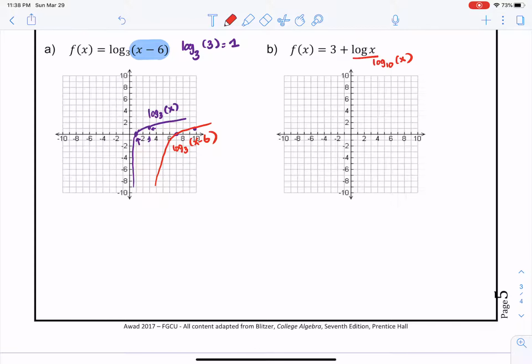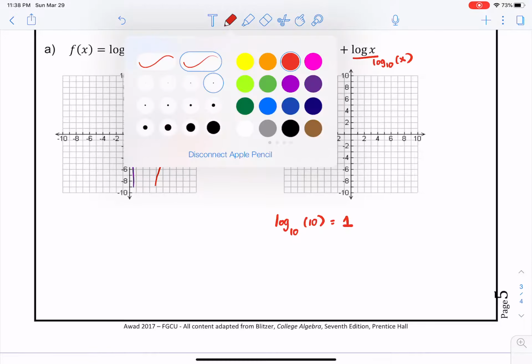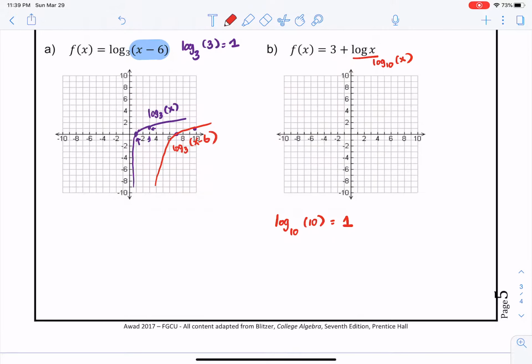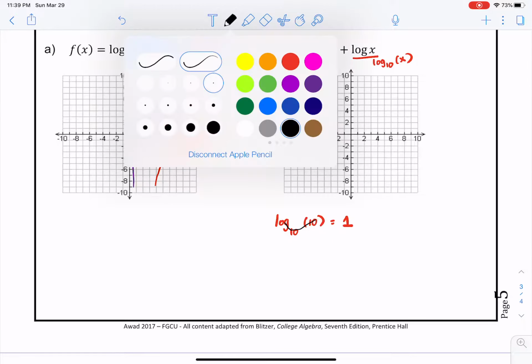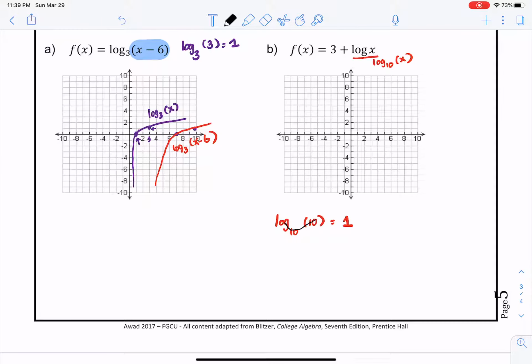Which would mean log base 10 of 10 would be 1, because the bases match up. These two, the log base 10 and 10, sort of go away, and you end up getting 1. So we know that the function becomes 1 at 10.